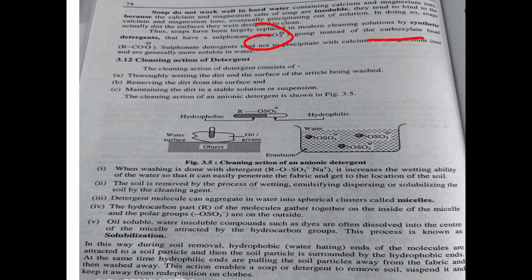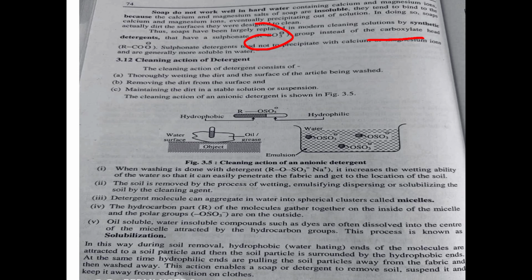This is related to the washing action of soap, how soap acts on any object. Because of the head and tail, with their polarity, hydrophilic and hydrophobic, a micelle can be obtained, and the general equation can also be obtained.